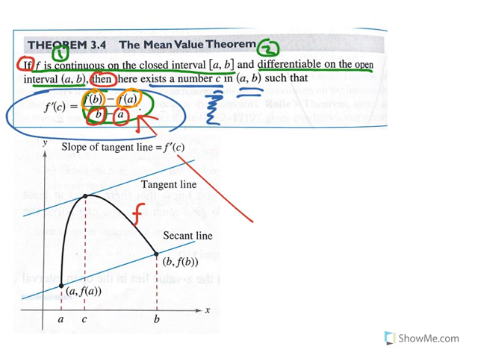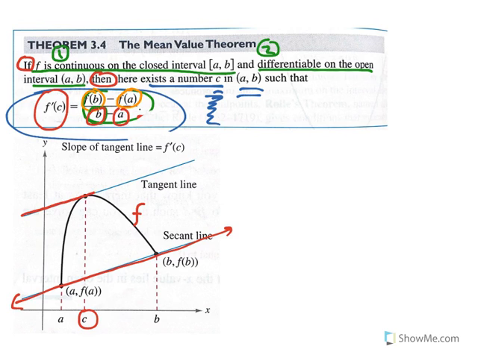So let me go ahead and trace that secant line using red ink. The mean value theorem states that if the two hypotheses are satisfied, there has to be at least one c value between x equals a and x equals b at which the derivative of the function evaluated at c will equal the slope of that secant line that we just traced in red.